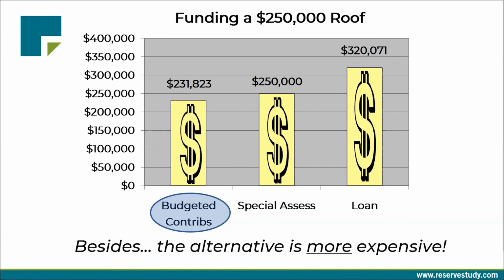And if you have to do a special assessment, then that's $250,000 on demand, plus the additional administrative costs and headaches and other things that come with a special assessment. But at the current rates, it'll take about $320,000 from the owners to pay back a $250,000 loan. So like we've said plenty of times before in this webinar, delaying usually gets more expensive.